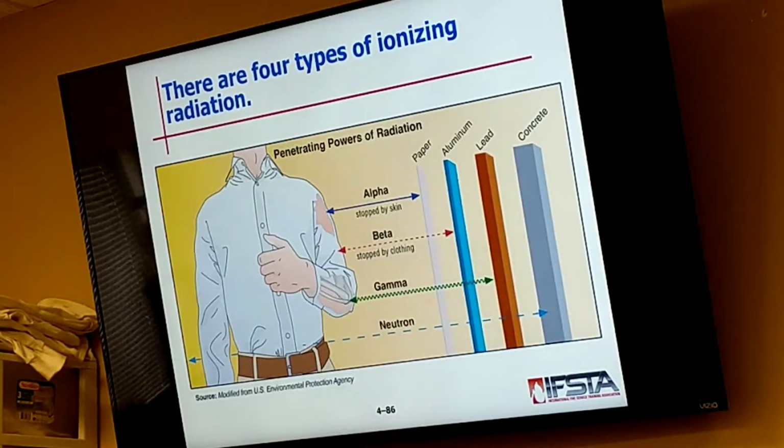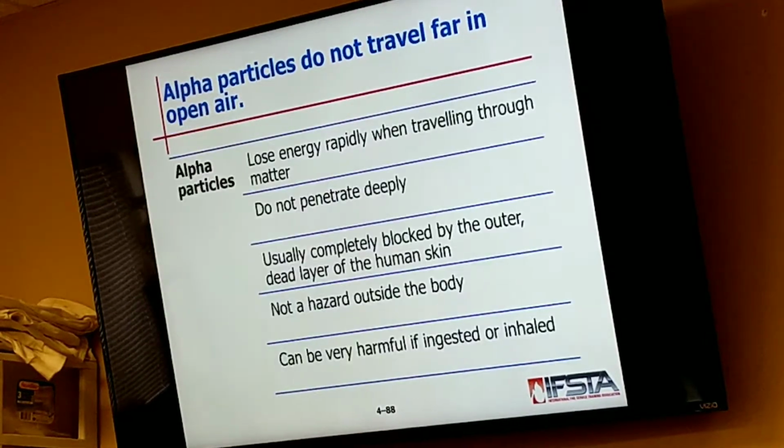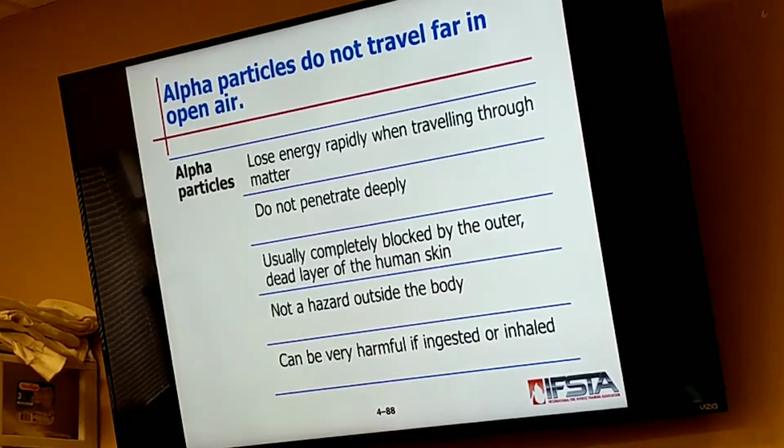Alpha particles do not travel far in open air, and you may have to get very close to the source of the equipment to detect the particles. Alpha particles lose their energy rapidly when traveling through matter, and they don't penetrate very deep.